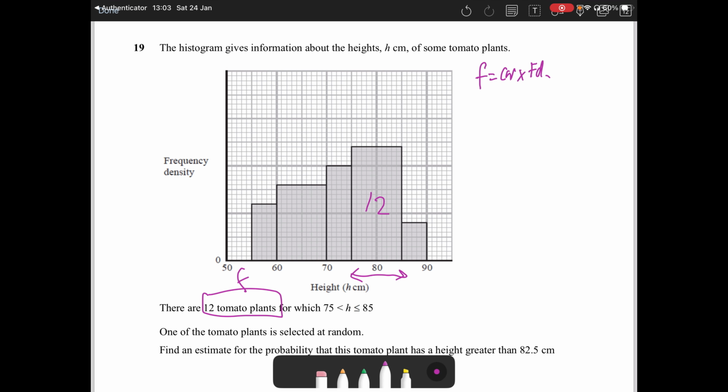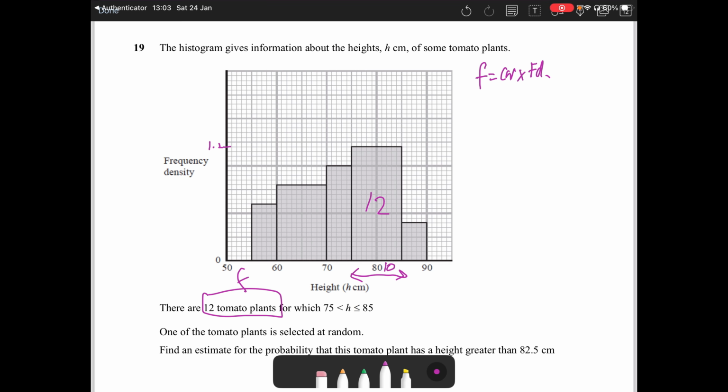So I know that the bar is 10 wide, 10 times y is 12, it's got to be 1.2, right? So the height of this is 1.2, because the width 10 times 1.2 is 12. And that's going to help me scale.